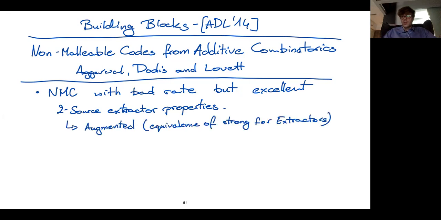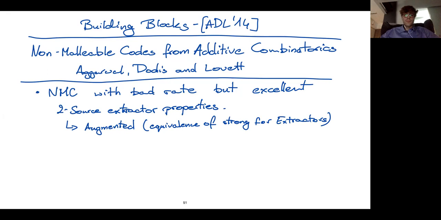First of all, it's augmented, so that's the equivalent of being strong in extractors. After the tampering, on top of the output of the tampering, I can give you one of the states and you still can't retrieve the original message. That is assuming you did not preserve it. If you change the message, I can give you one of the states on top of that and you still can't retrieve the original message.